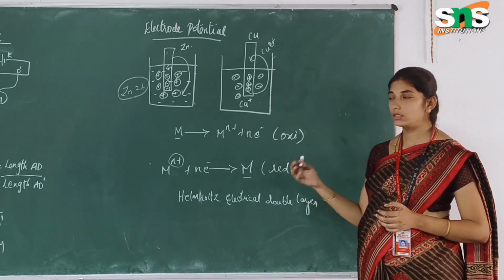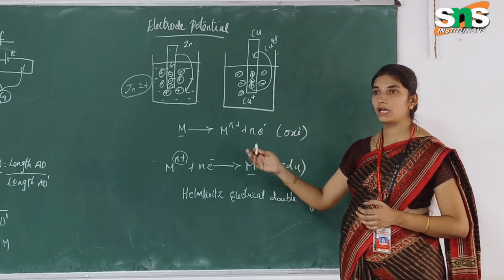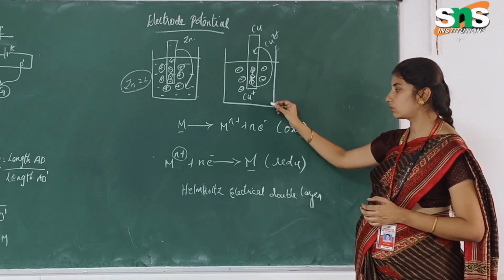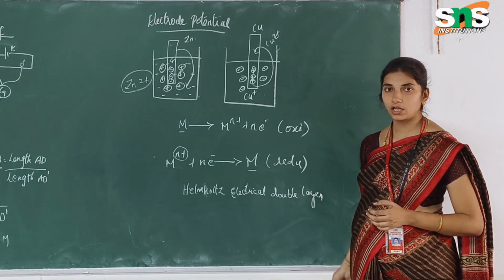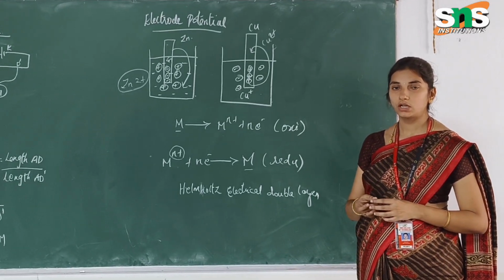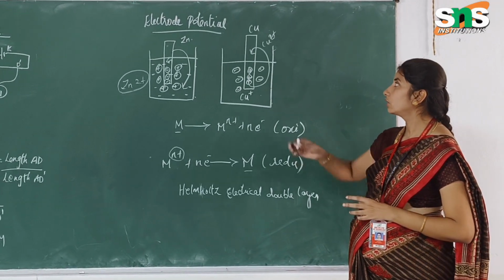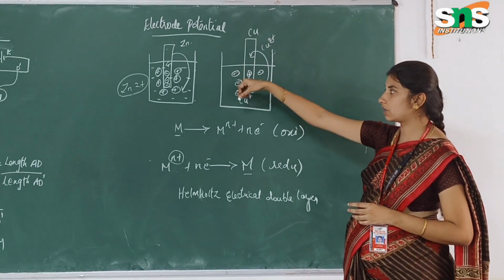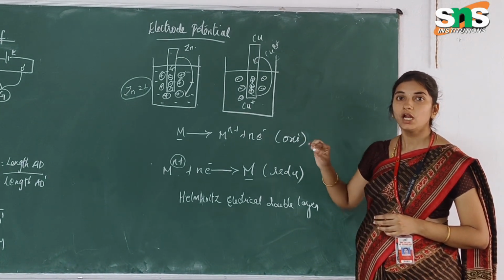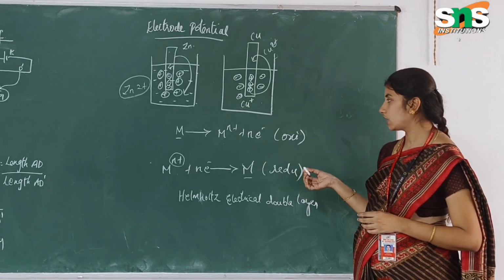As we have already discussed how the electrical double layer is formed, it is also called the Helmholtz electrical double layer, which produces the potential developed at the electrodes. This is how the electrodes, zinc with zinc sulfate and copper with copper sulfate, produce potential through reactions.